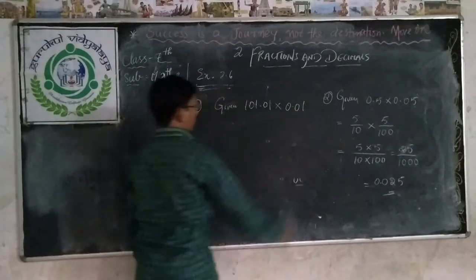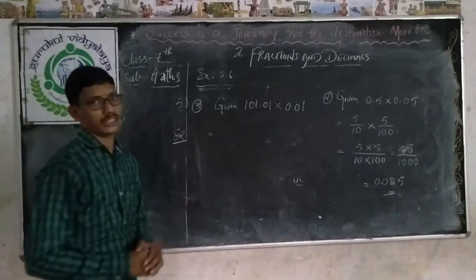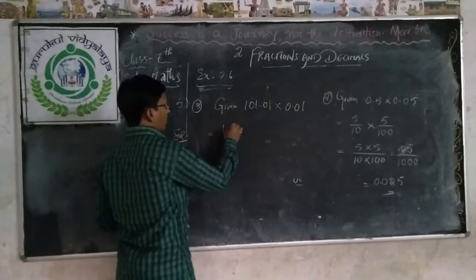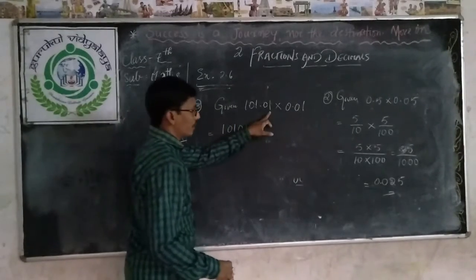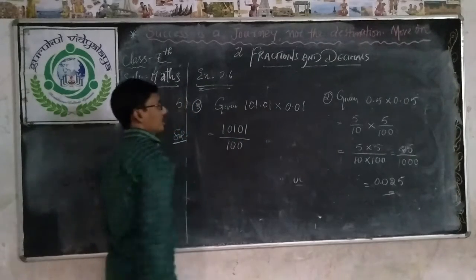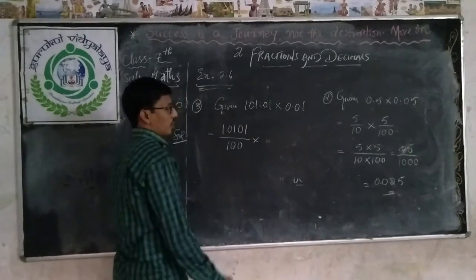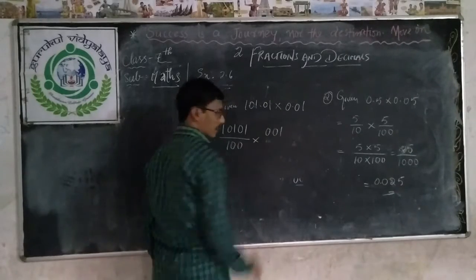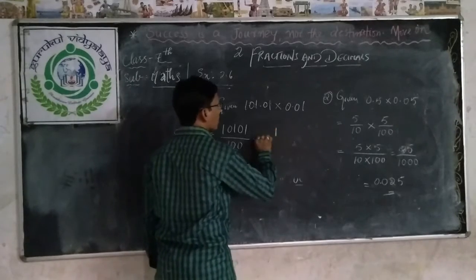So two decimal numbers are there. So first, the decimal number 101.01, just remove the decimal point and convert into a fraction. 10101, when 1 is in the hundredths place, so by 100. Okay. So into 0.01. So remove the point, 001. Yes or no? 001 means how much? Only 1. So convert simply 1 by 100.